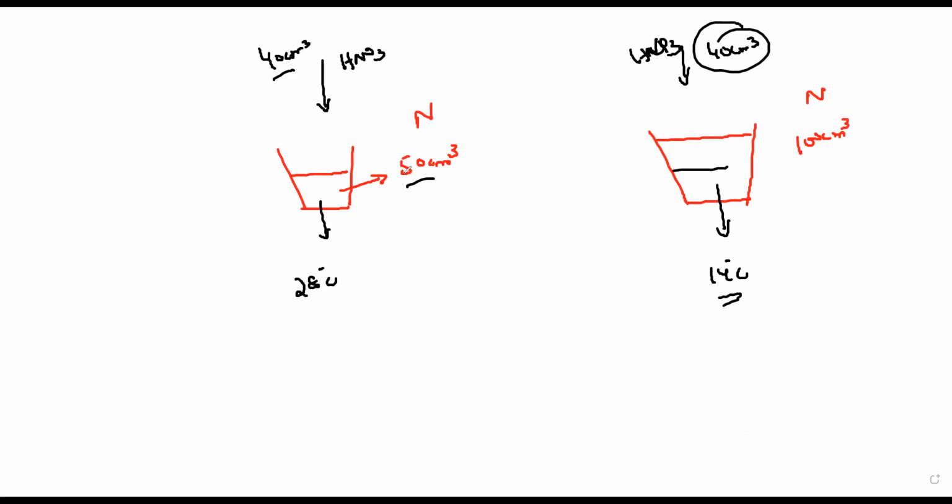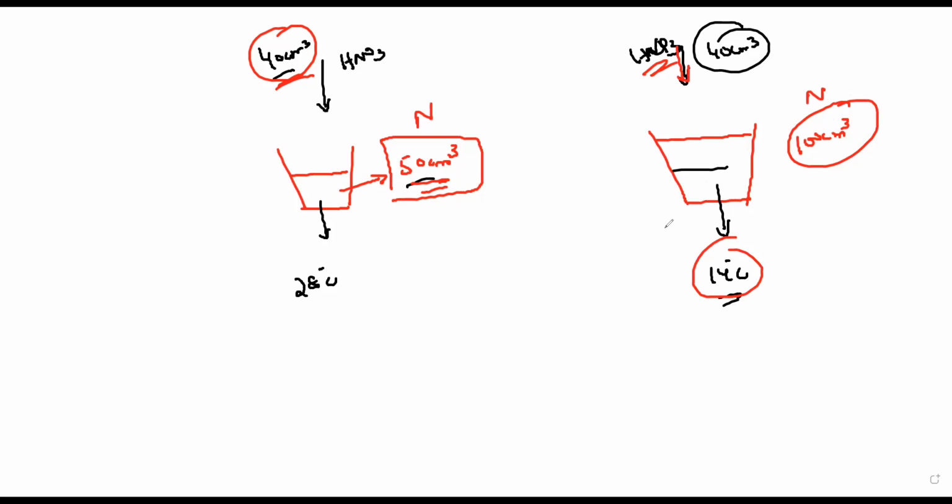In the first experiment, we took 50 cm cube of N and we added 40 cm cube of nitric acid. Now they are saying if we repeat the experiment with 100 cm cube of N and use the same nitric acid, what happens to the temperature change? The temperature change will be half, because not all the N will react.